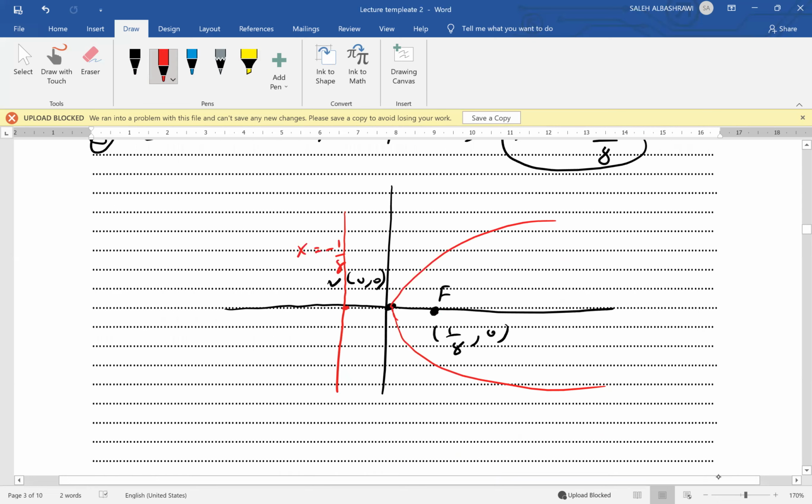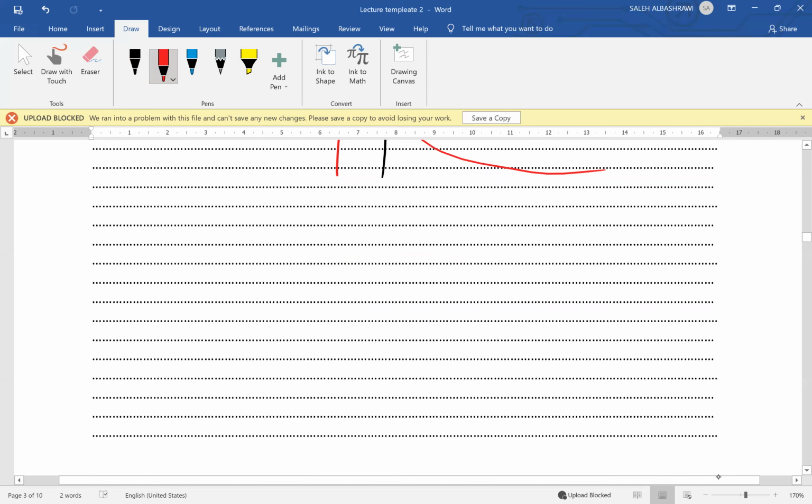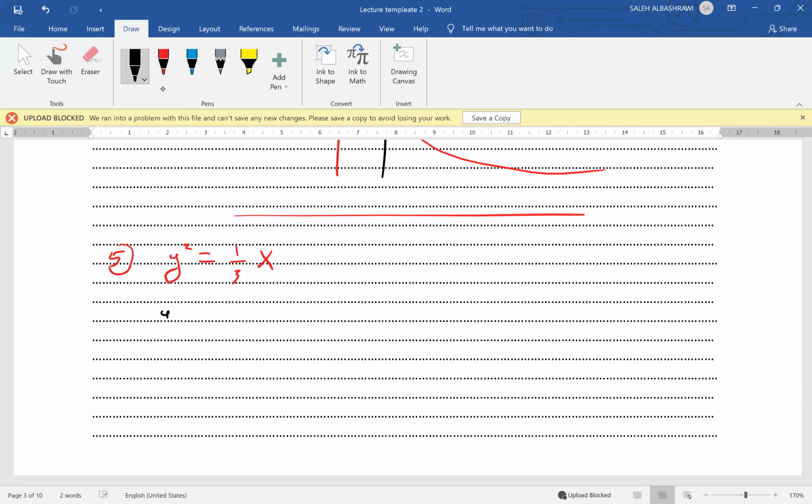Let's take one more, question number 5. We have y squared equal to 1/3 x. The general form is y squared equal to 4px, which means 4p is equal to 1/3.